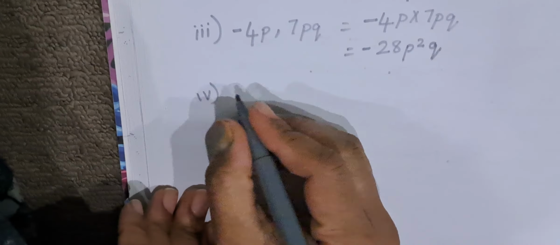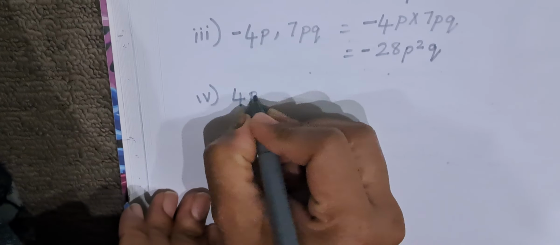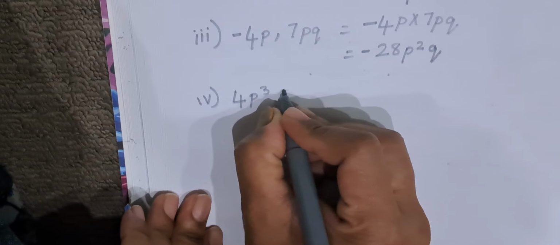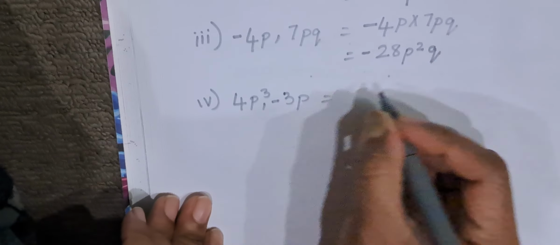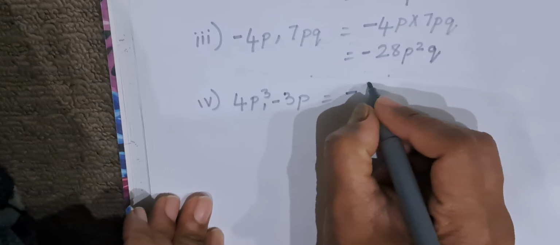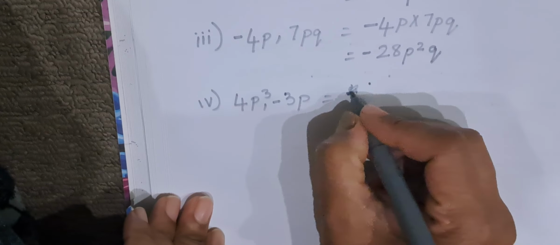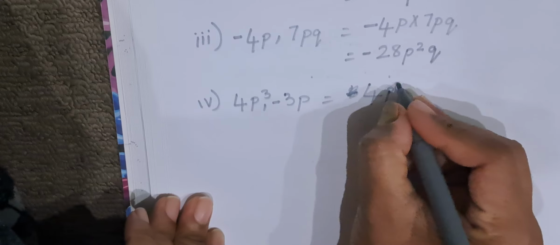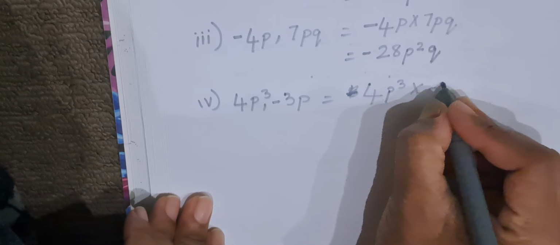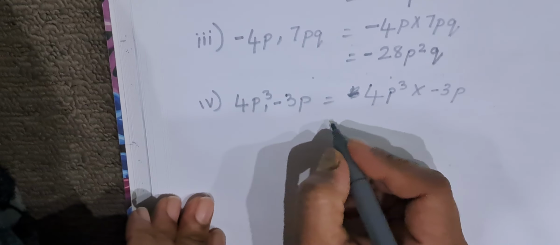Let us look at the fourth one. It is 4p cube and minus 3p. We have to multiply plus 4p cube into minus 3p.